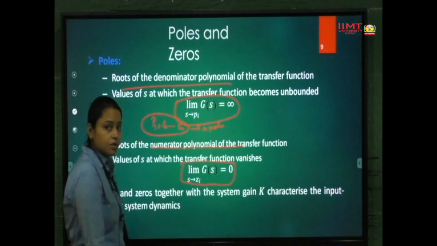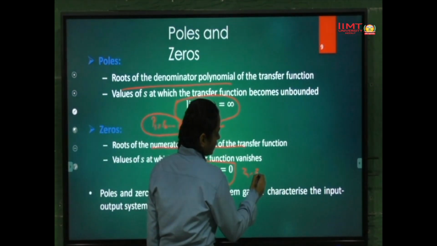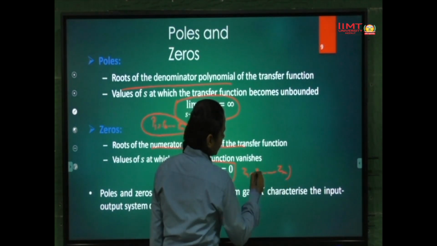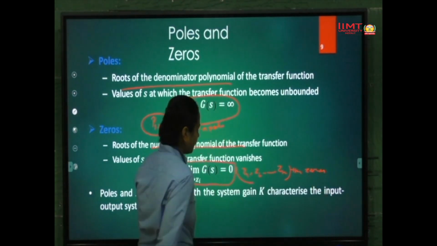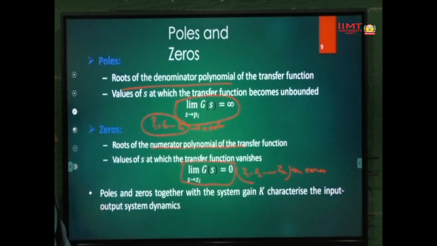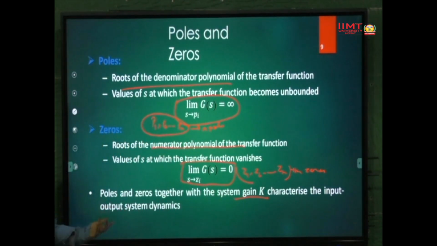In the previous slide we have Z1, Z2 up to Zm, so a total of m zeros. Poles and zeros together with the system gain k characterize the input output system dynamics.